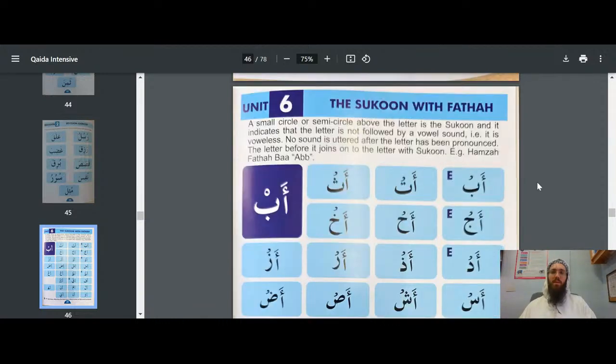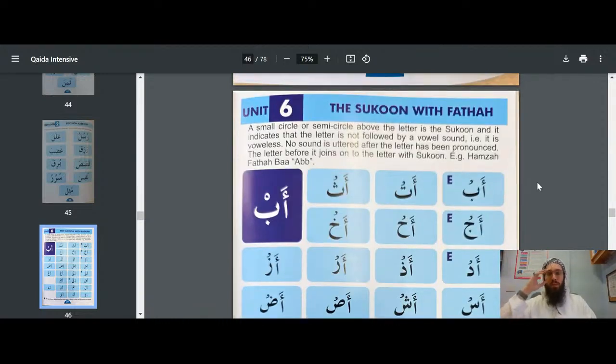And now is the sukun, which is the 4th vowel, which is a non-vowel, actually. So it's just saying you don't pronounce a vowel.